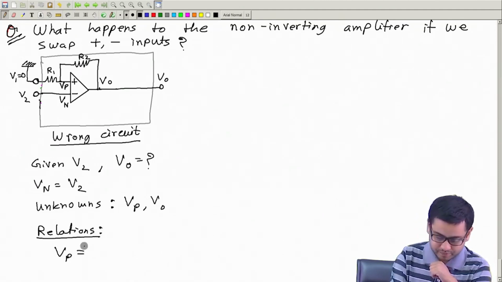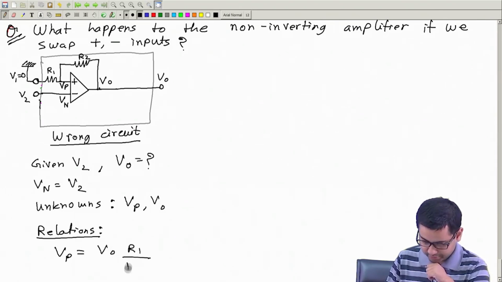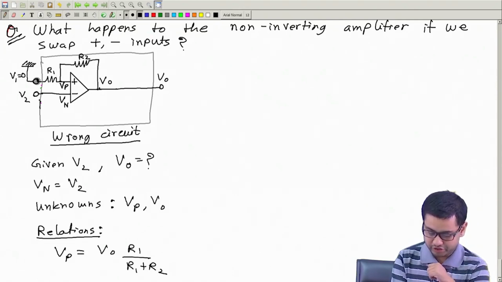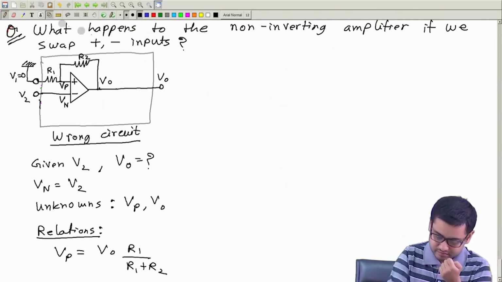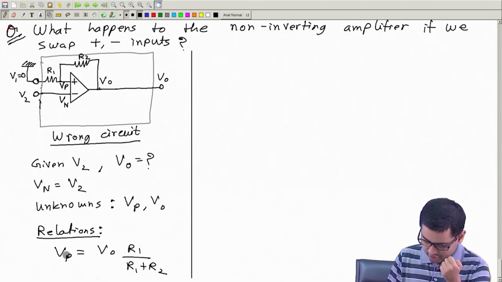Vp is equal to Vo multiplied by R1 divided by R1 plus R2. Very quickly you can find the current, then multiply that current with R1 to get this voltage. Potential divider rule essentially. So this is Vp.